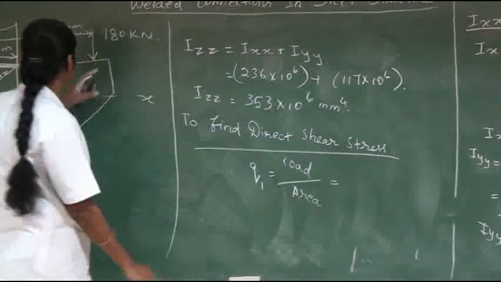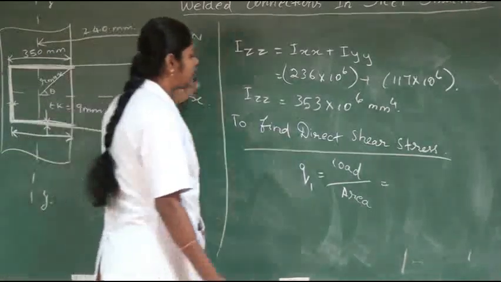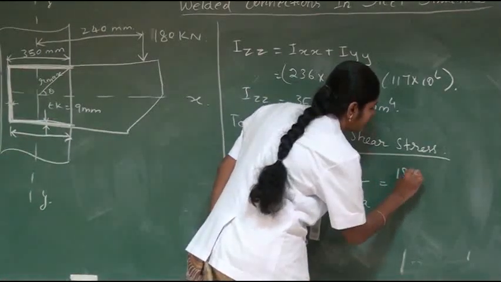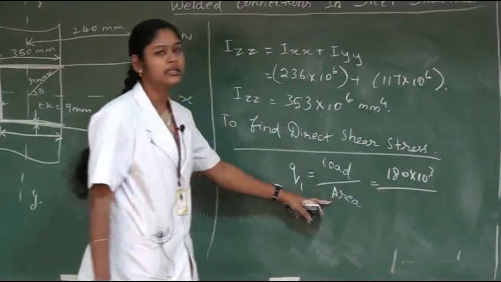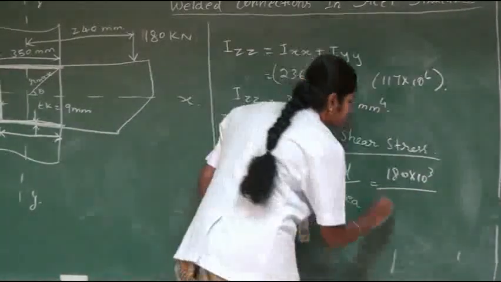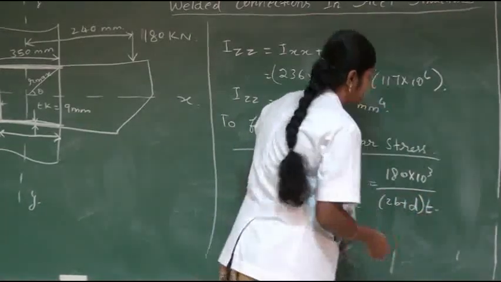Here the load applied was 180 kilonewton. You have to convert into Newton; for that you have to multiply by 10 to the power 3, 180 into 10 to the power 3, divided by, for the welded connection, the area calculated using the formula 2b plus d into thickness.